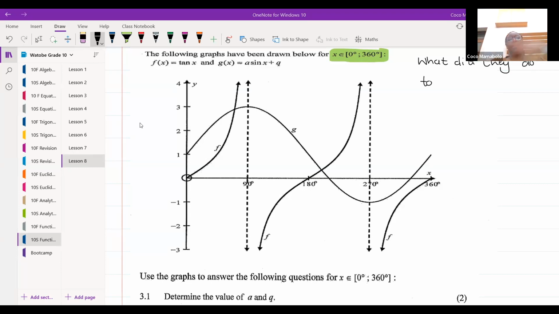What are we checking? What did they do to? Not to the nose, though. What did they do to the watch? Not to the graph. There's a word missing in front of graph. To the something graph.